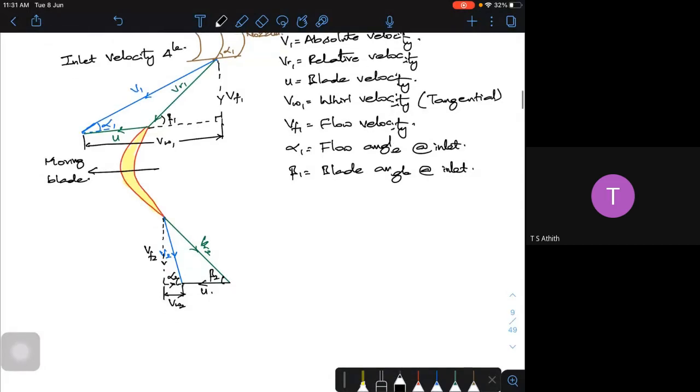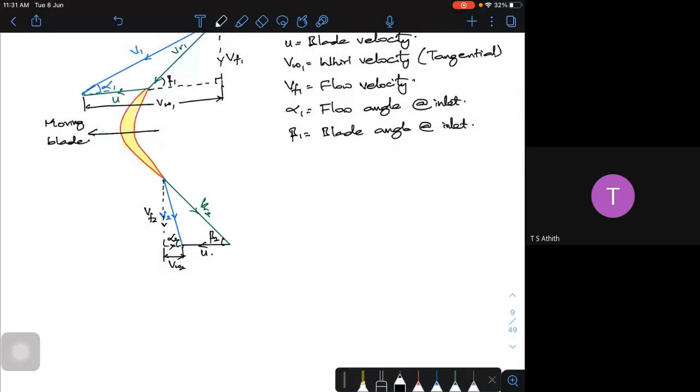So what can I write here? Similarly, what is your V2? V2 is the absolute velocity at the exit. Then similarly, U is the blade velocity, which remains the same.